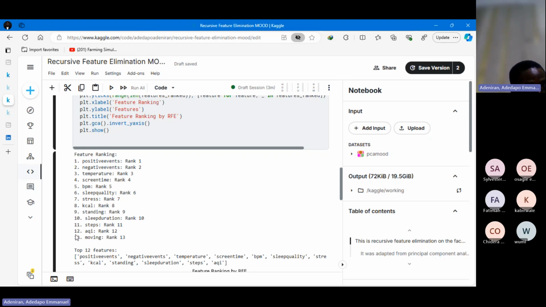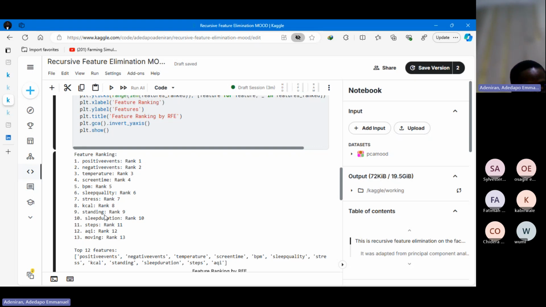So when we remove moving, we notice that our model was performing very well, which means that moving was the least important feature in our data sets. Then it continues to remove other features too and compare. Now that we've eliminated moving, we have 12 left.